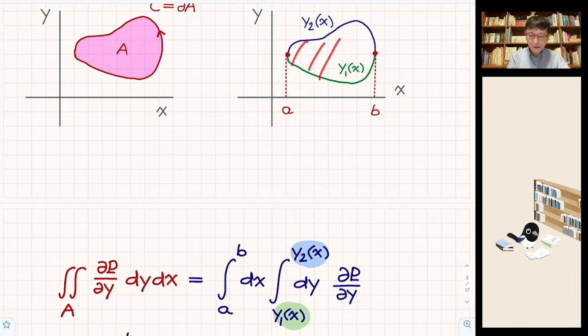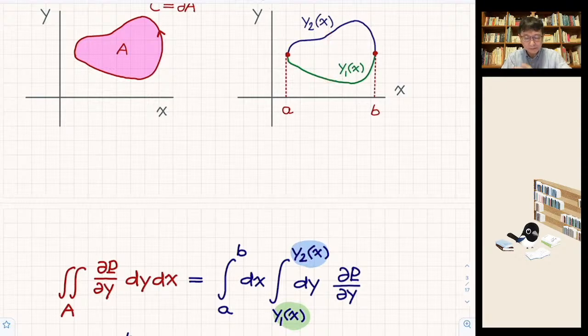For it to go through this whole area, x goes from a to b. That's why this is a and this is b. For a specific x, y goes from one value to another: the lower bound is defined by the y1 function, and the upper bound is defined by the y2 function. So for a chosen x, you just perform the integration from y1 to y2.